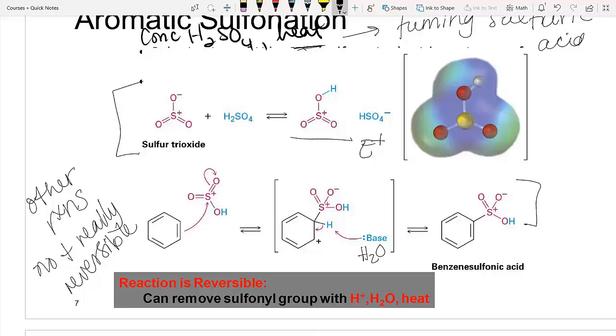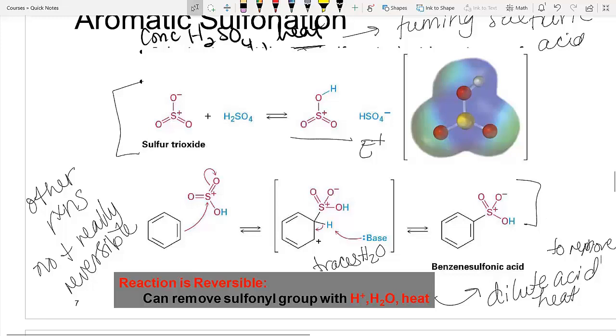It's not sulfuric acid, and it's not the hydrogen sulfate, because that is not a good base. It's usually traces of water in the flask. Now, to reverse the sulfonation and remove the sulfonic acid, you use dilute acid with heat. We'll see this again as a blocking group.